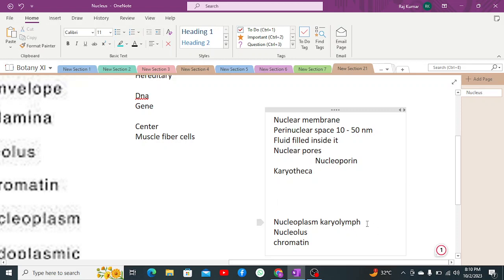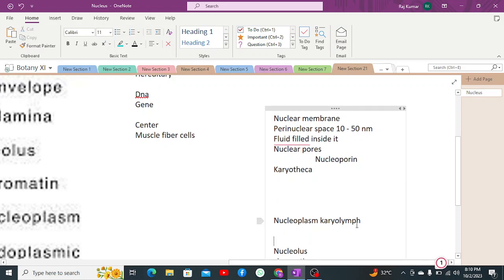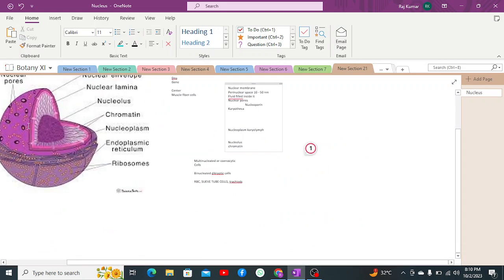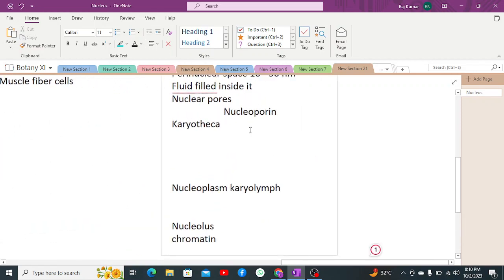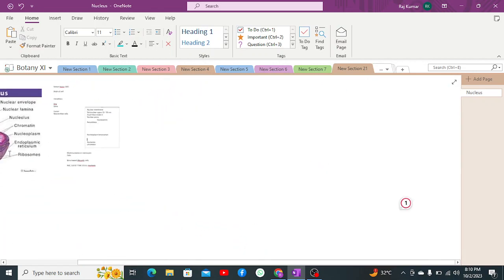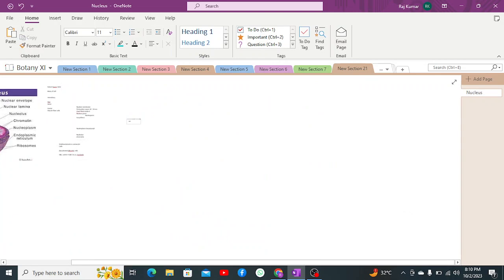When it comes to the second part, we have nucleoplasm or karyolymph. As you can see in the diagram, this is the structure of the nucleus. Here there is the nuclear membrane, or nuclear envelope, with the outer nuclear membrane on the outer side, and the inner nuclear membrane.